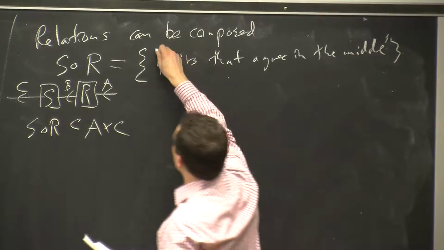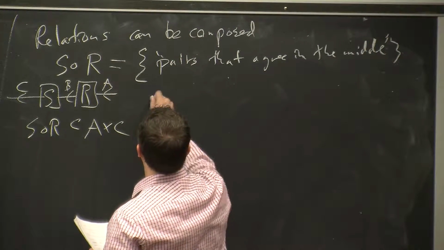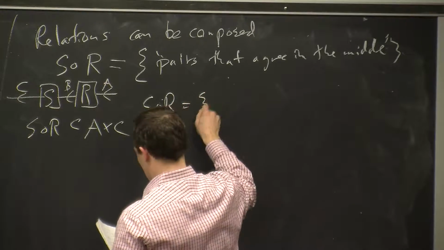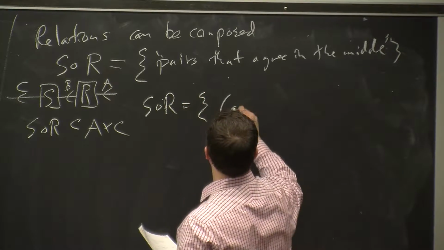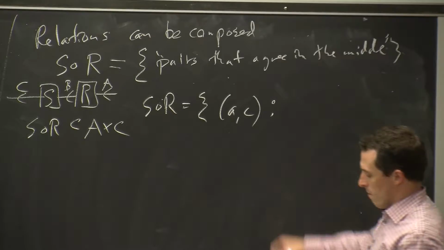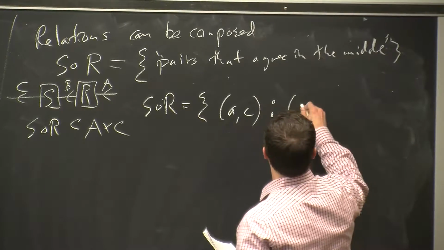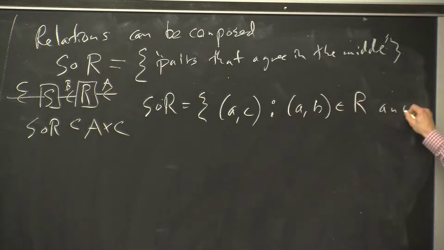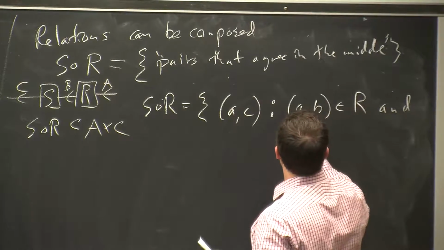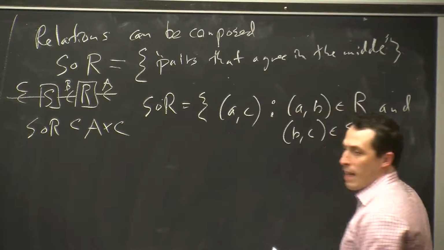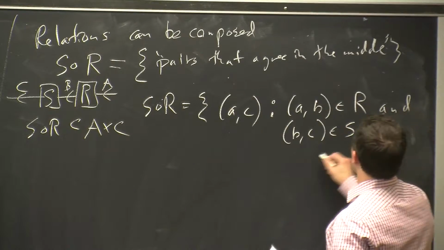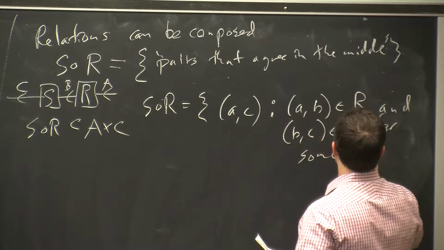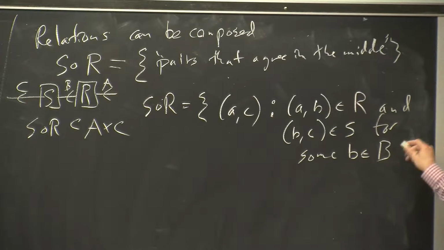More precisely, the composition of S and R is the set of all pairs AC such that AB is a pair in R and BC is a pair in S for some intermediate thing B in the middle.